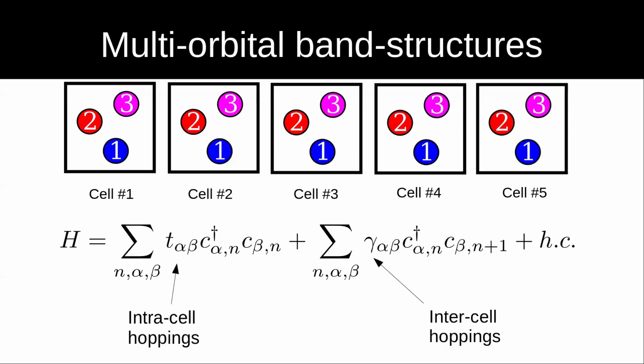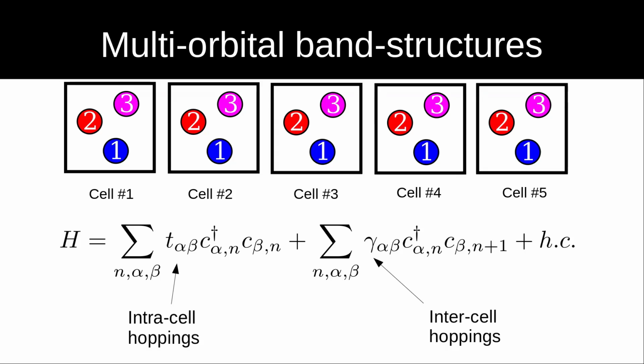These are what we will call intracell hoppings. And then we can have hoppings between sites in different unit cells, so in unit cell number 1 and unit cell number 2. Those hoppings are what we call the intercell hoppings gamma alpha beta. In this Hamiltonian, we write them just between one unit cell and the next unit cell.